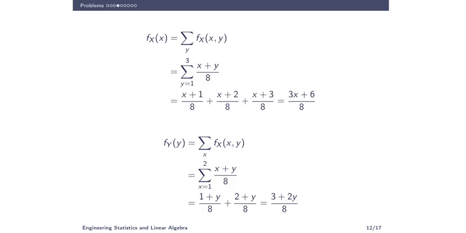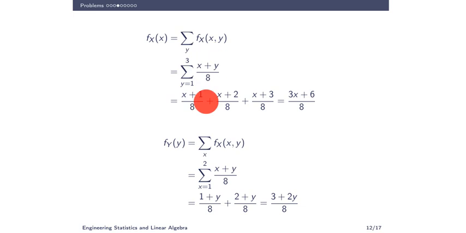Now how to find f_X(x)? It is easy, right? The summation over y of f_XY(x, y), where y takes the value from 1 to 3, of (x + y)/8. That will be (x + 1)/8 plus (x + 2)/8 plus (x + 3)/8, substituting the values for y from 1 to 3.